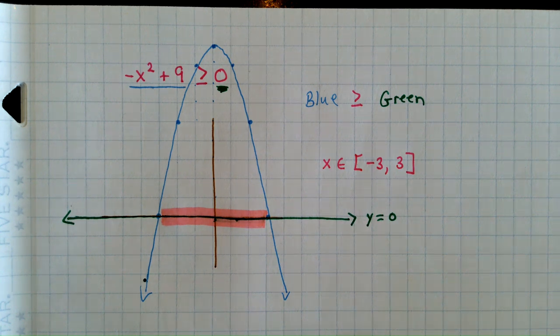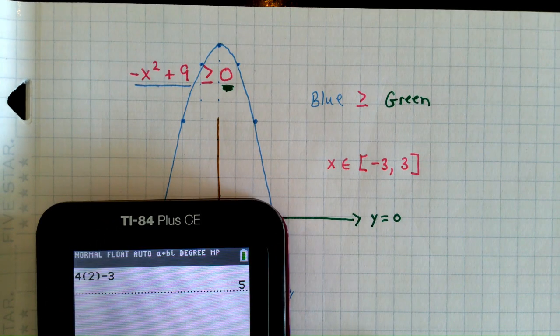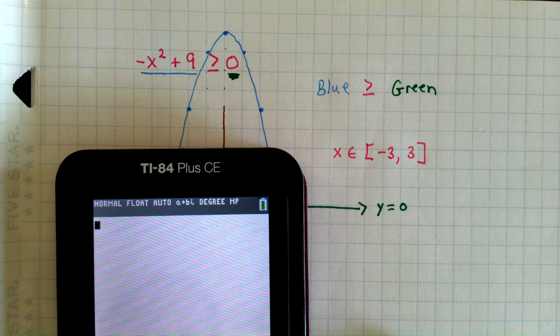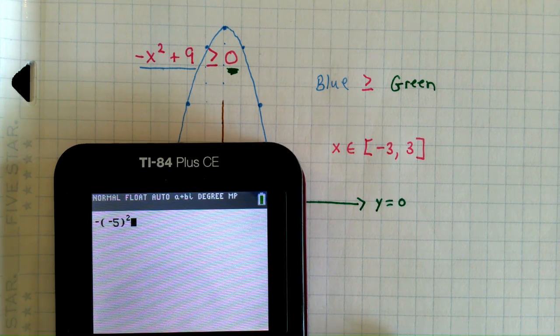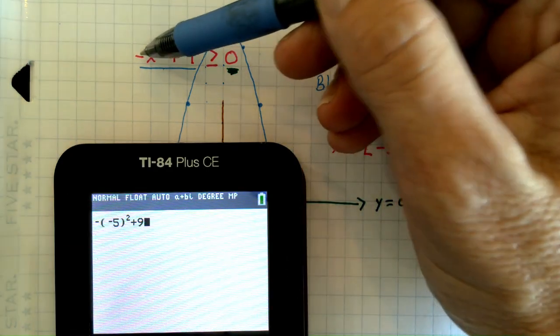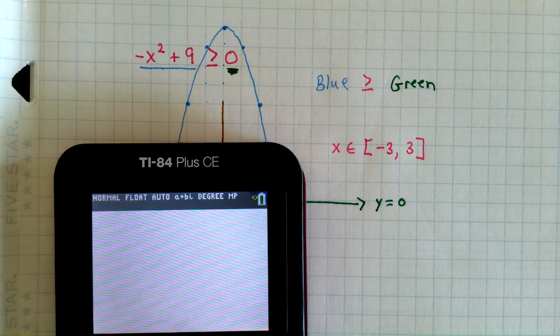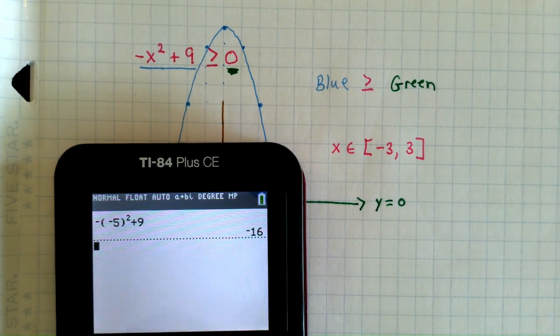And you can test different numbers if you want. Oh, what if x is -5? Notice how I substituted that? I've still put the parentheses around my input. I have the negative and the squared outside of it because they were written in the problem. That is not greater than 0.